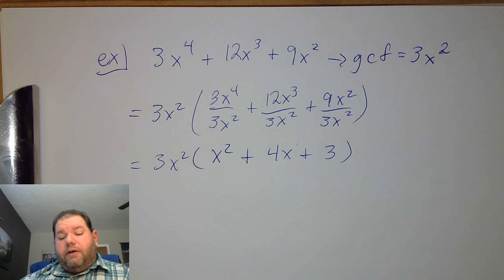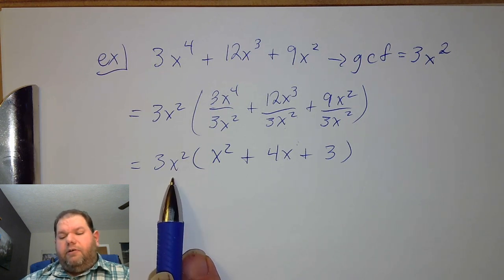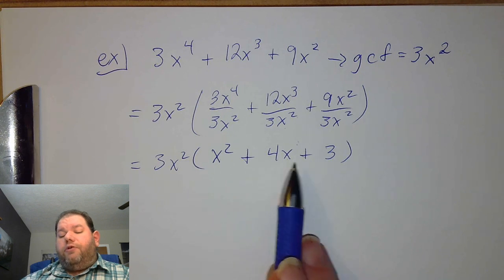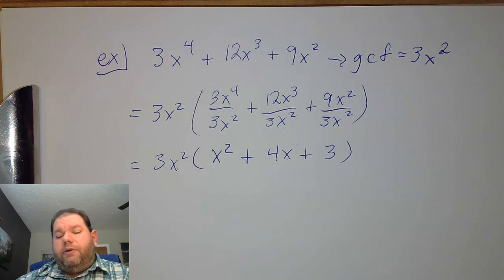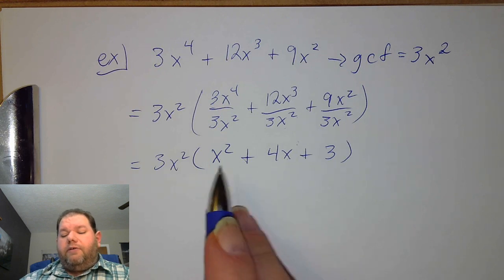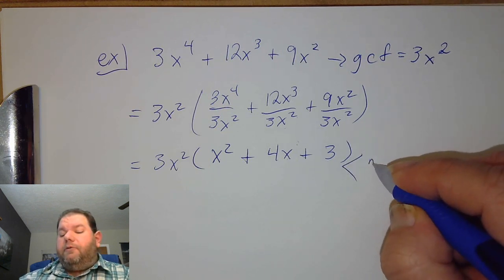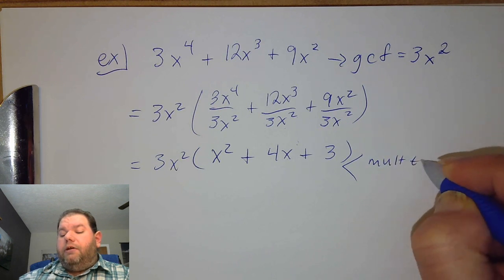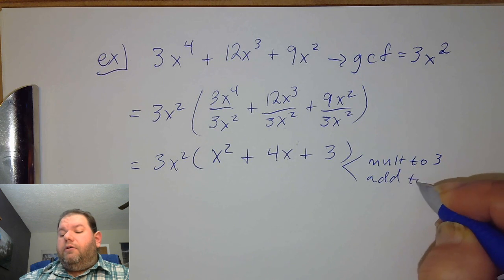So that means now we've successfully factored the common factor out, but now we still have a trinomial, a quadratic trinomial, that we can factor into two binomials. So we can factor this as well. And we'll say that we need two numbers that multiply to 3 and add to 4.